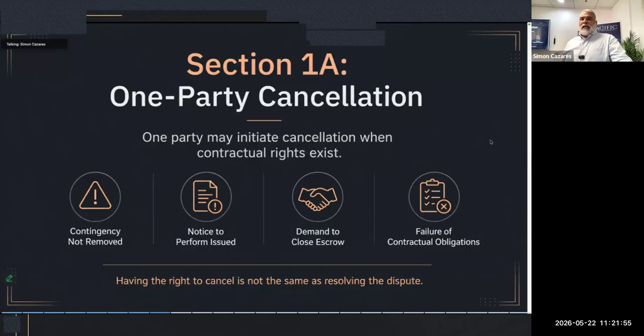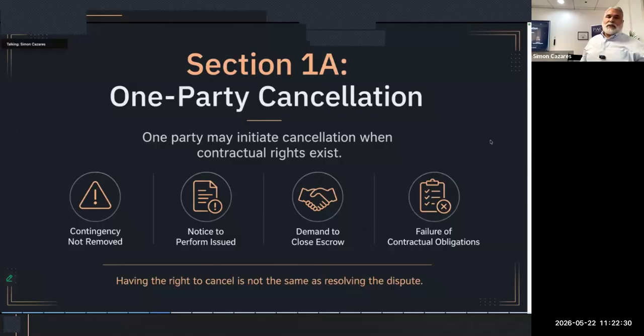And then last, failure of the contractual obligations, right? Again, these are some of the scenarios where a single cancellation grants the buyer the ability to retain their full deposit: if they didn't release a contingency, a notice to perform was sent because they didn't release the contingency, a demand to close if they didn't release a contingency, and then the failure of contractual obligations, such as putting up the earnest deposit, not returning seller disclosures, not getting the appraisal, stuff of that nature.